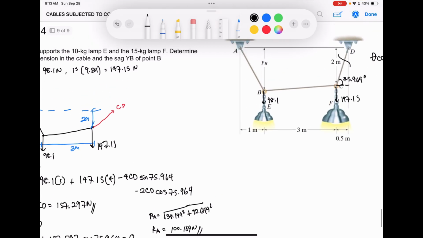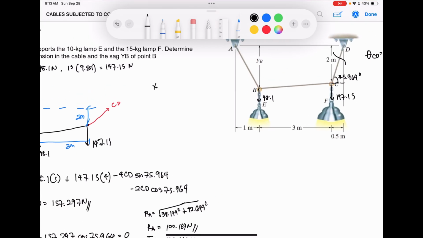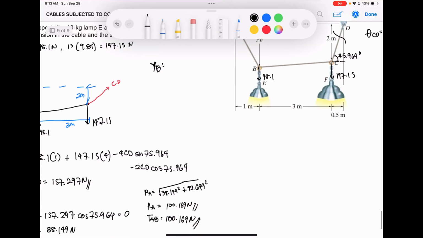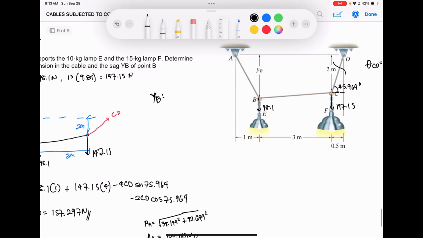Para makuha ang YB, ratio and proportions lang tayo.